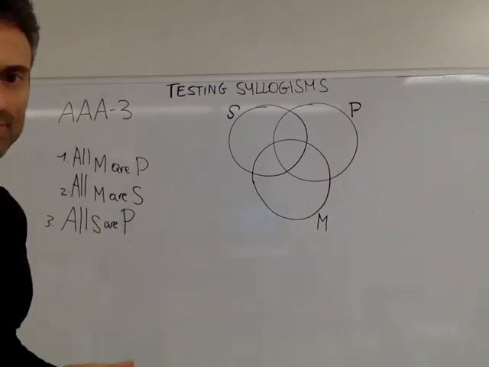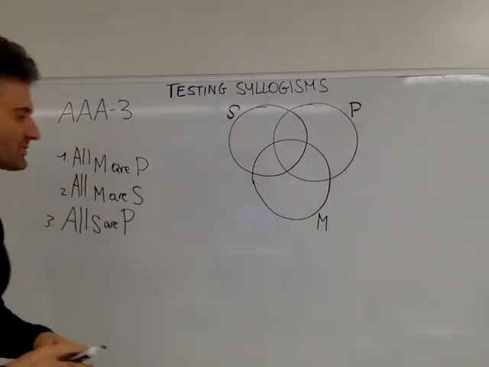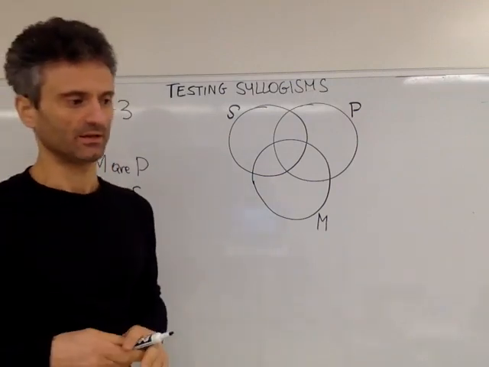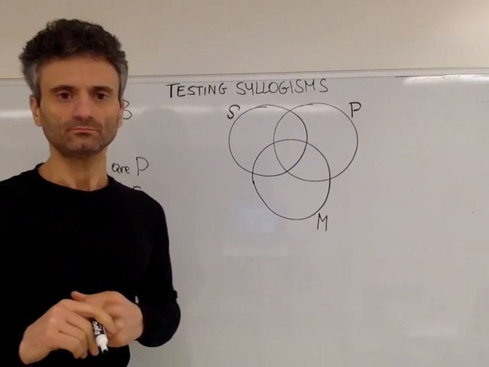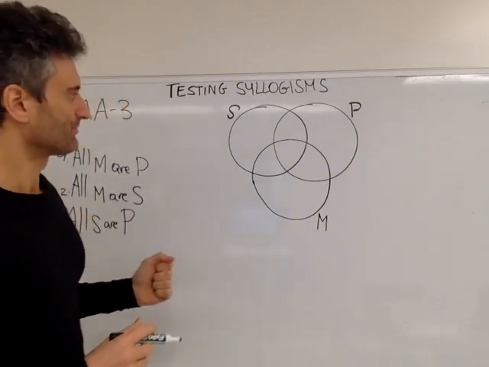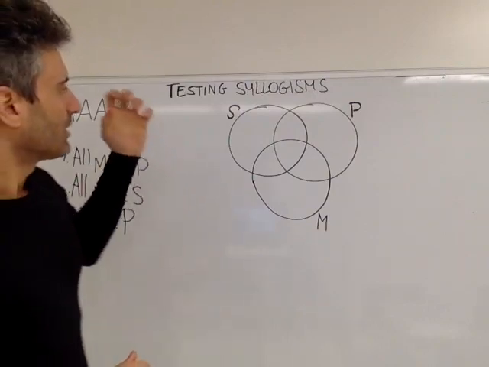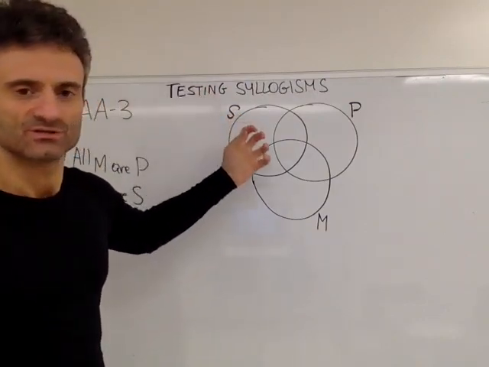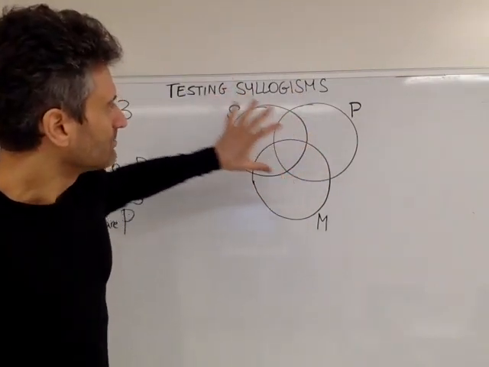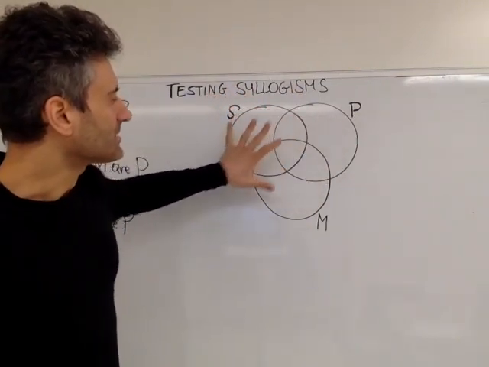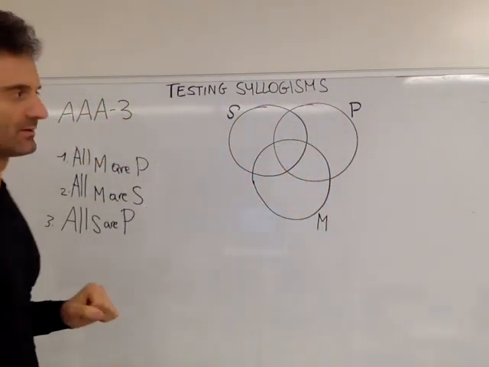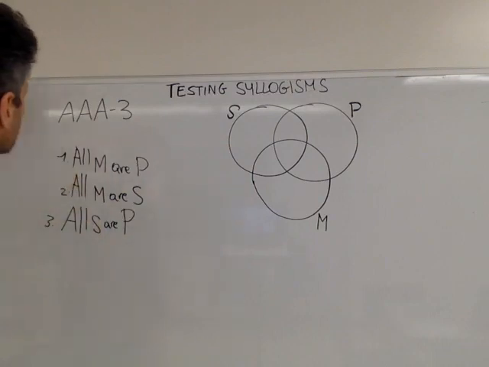and determine the validity. Okay, so let me explain the idea of diagramming a syllogism. When we diagram the syllogism, essentially we diagram the statements, each statement one at a time, and we diagram it right here in this blank 3 Venn diagram that you can see.